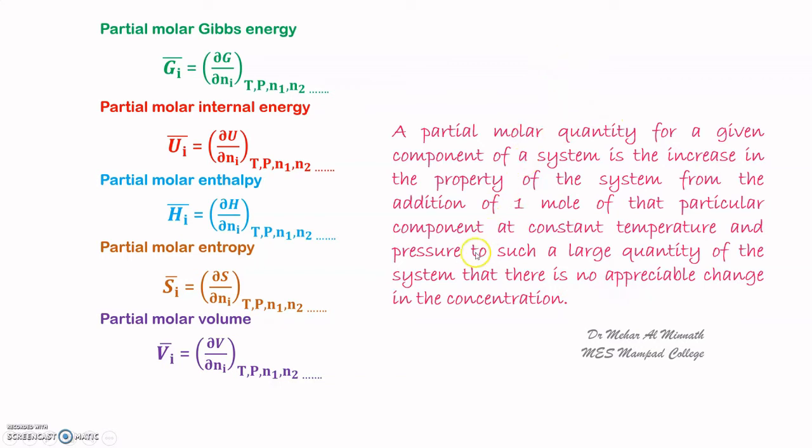If you take the partial molar Gibbs energy of a component, say you have a system containing two components A and B, and you consider component A, then G bar A means the partial molar Gibbs energy of the system when component A is changed.